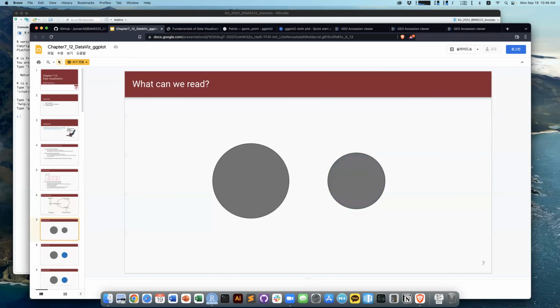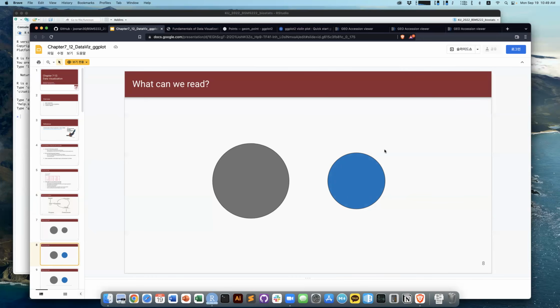In the previous slide, the two circles were two different entries, like person one and person two, and these two persons were from the same year. But here, the first person and second person belong to different groups, like different years, first year or second year students.